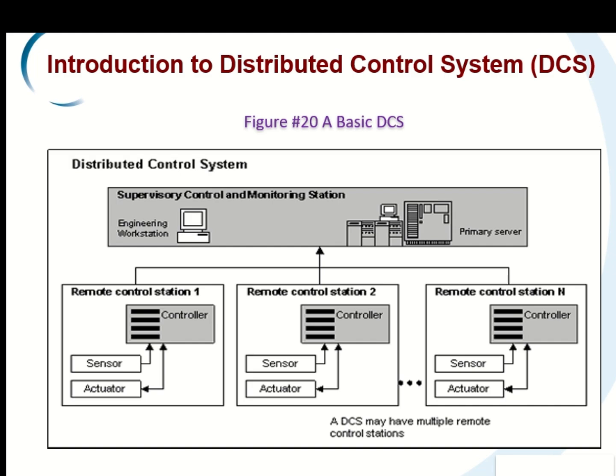The units performing the PID functions are placed in a location closer to the sensor. We have to remember that. And the transmitters and our final control devices are the actuators. So this figure illustrates the basic DCS, and the remote control stations communicate to the digital bus or data highway that connects the individual controller units with operators, computers, consoles, and displays.